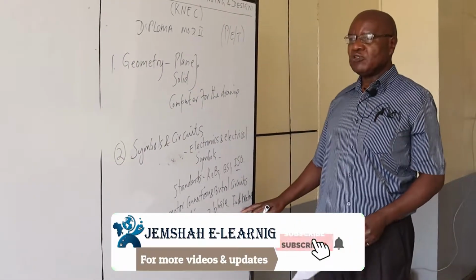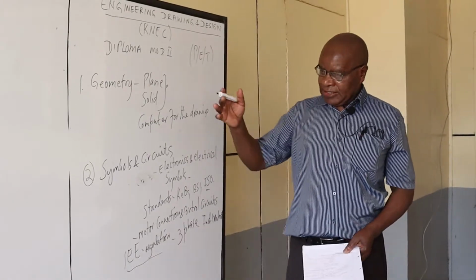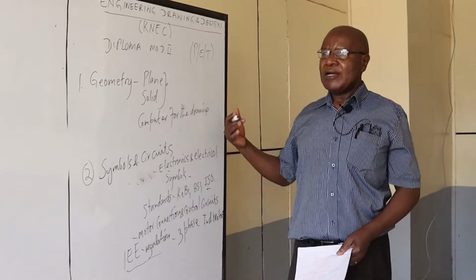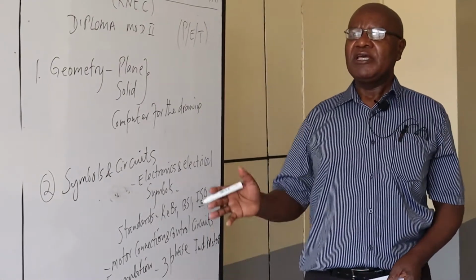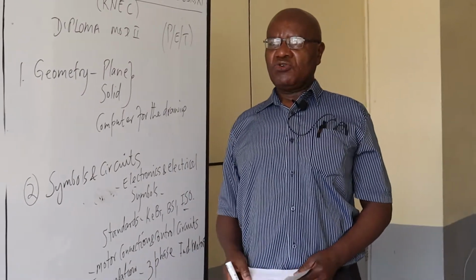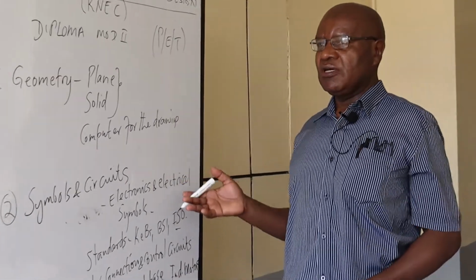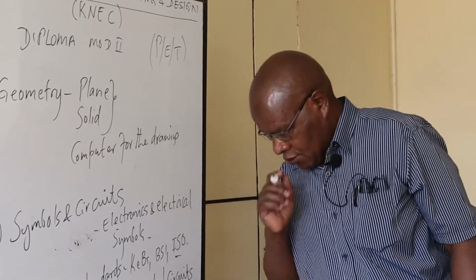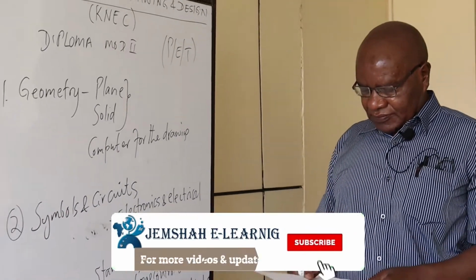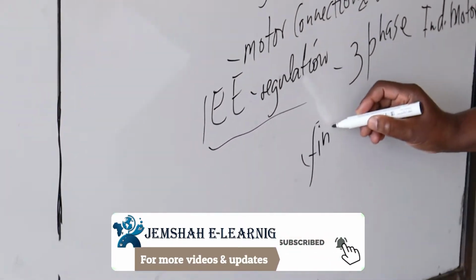Now, before we come to the motors, we need to understand how the power is generated and then supplied to our installation. Maybe these three-phase motors, you'll be finding them in industries. So we shall briefly discuss power generation, transmission, distribution, and then briefly we shall talk about the substation, what we call the final substation.